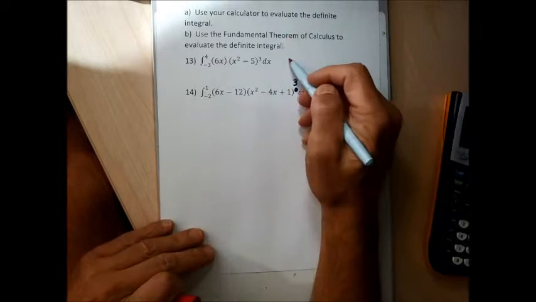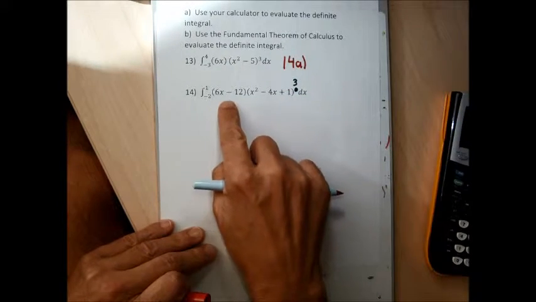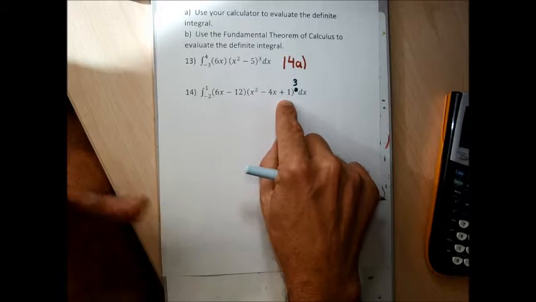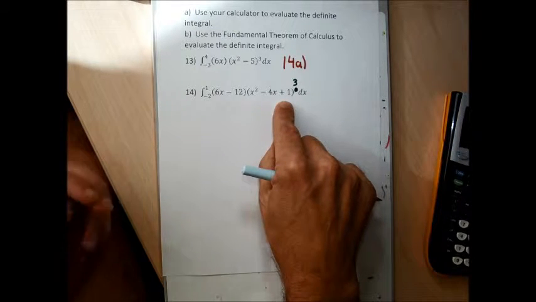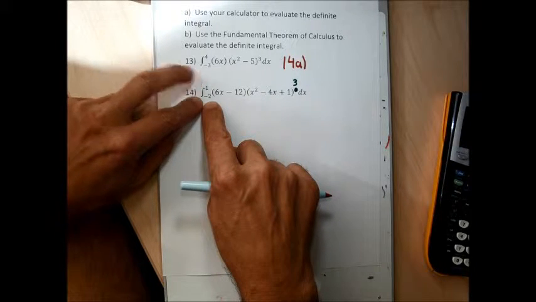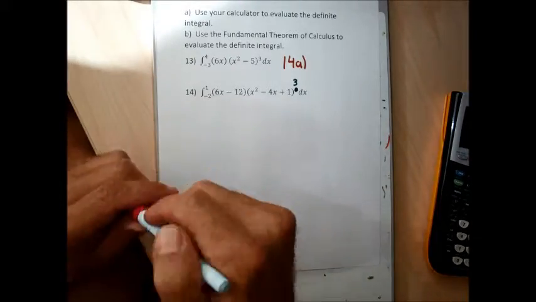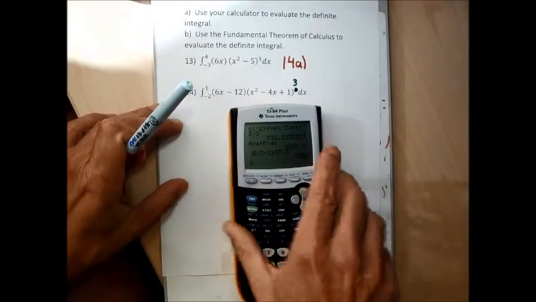So when I go to do 14a, I'm going to pull out my calculator. I'm going to enter this function as y1. I'm going to do a zoom standard graph. Zoom standard is going to be fine because my x's need to incorporate negative 2 and positive 1, and a zoom standard will do that just fine. And then I'll get the dy dx value for myself.